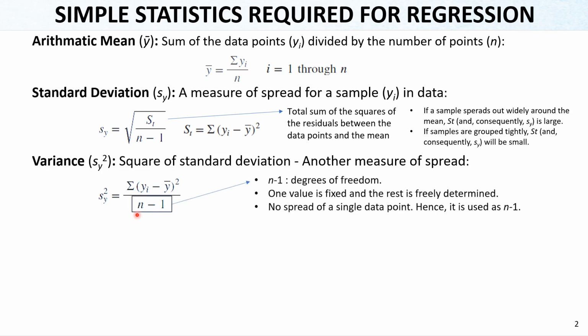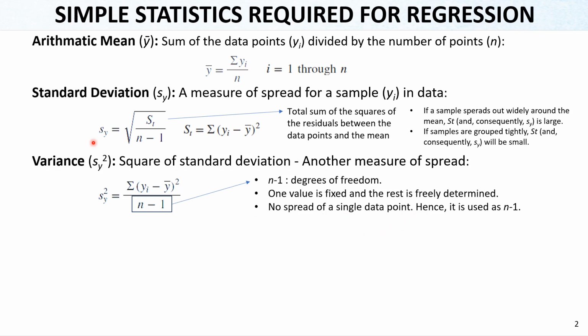Here n minus 1, as here as well, represents the degrees of freedom, and it is n minus 1 because one value is fixed and the rest is freely determined. Also, the reason for using minus 1 here is that there is no spread of a single data point.